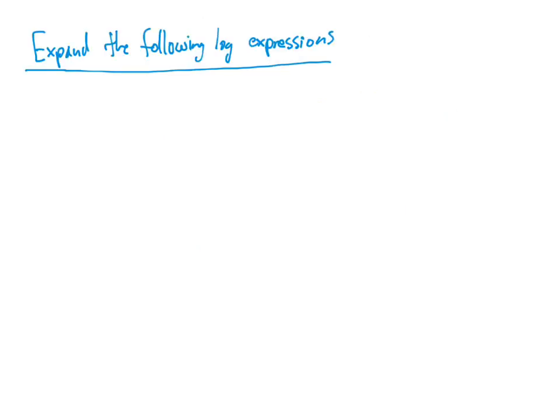Let's look at a few examples of expanding log expressions. First up, we have ln of x to the fourth y over 7. First, let's take care of the fraction. I'm going to write this as ln of x to the fourth y, and applying the quotient rule, we can rewrite this as so.